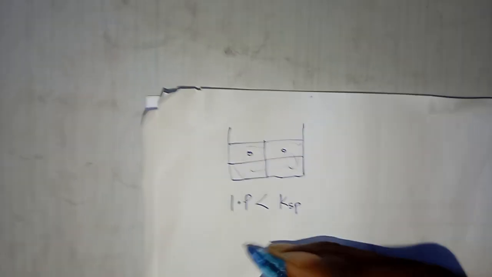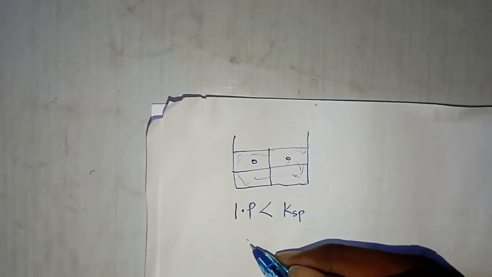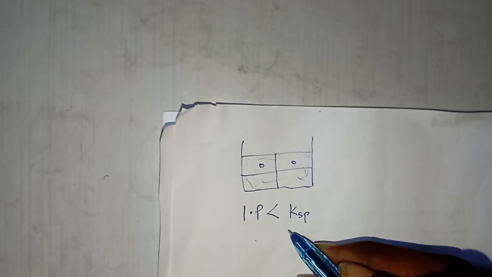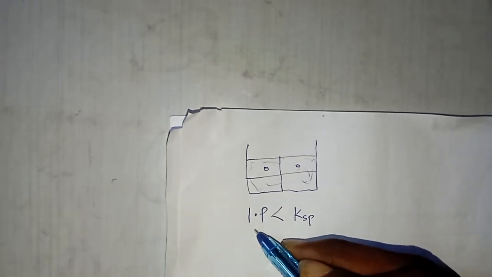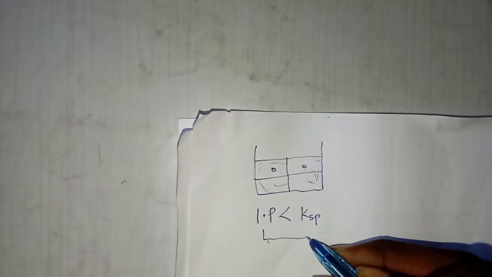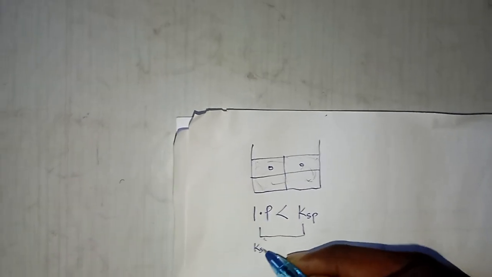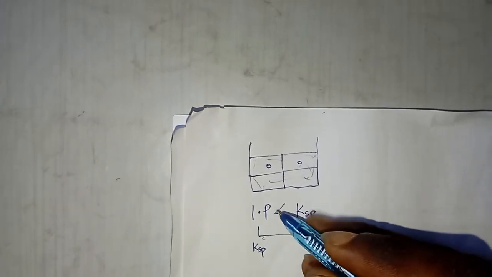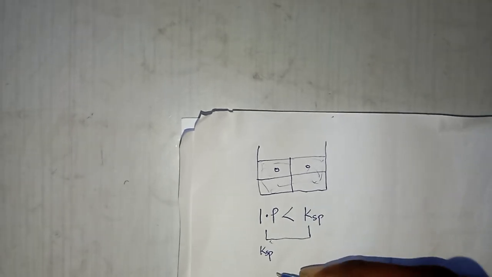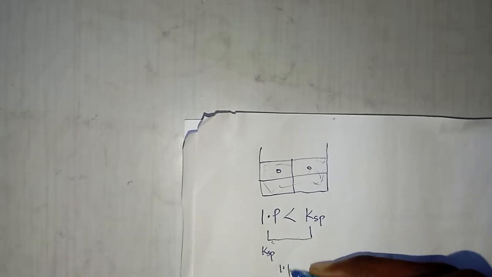Since it's less than KSP, at this point there is no need discussing KSP. All I have in this case is simply ionic products, or should I say, my solvents.